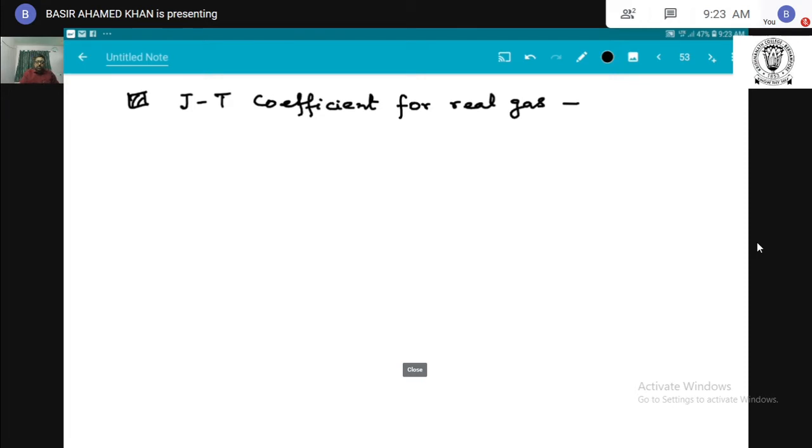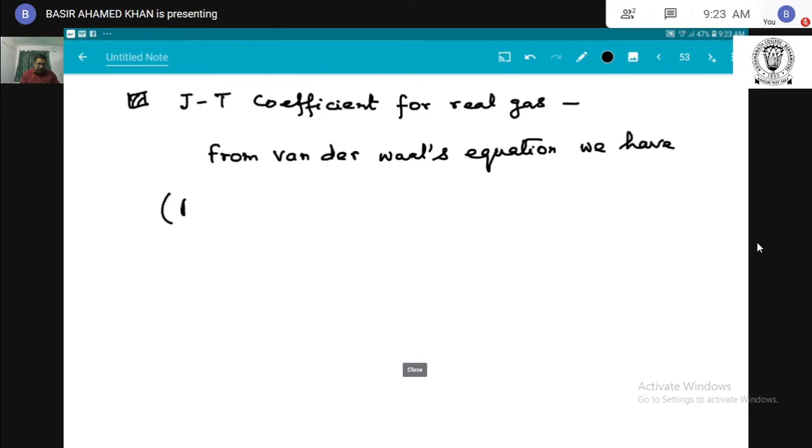Now from the Van der Waals equation we have (P + a/V²)(V − b) = RT.